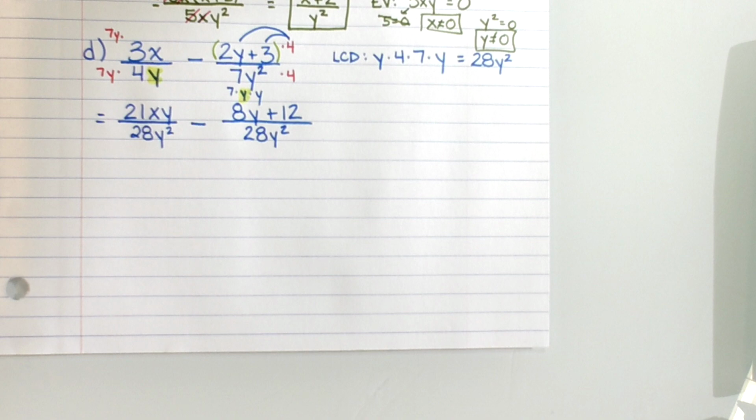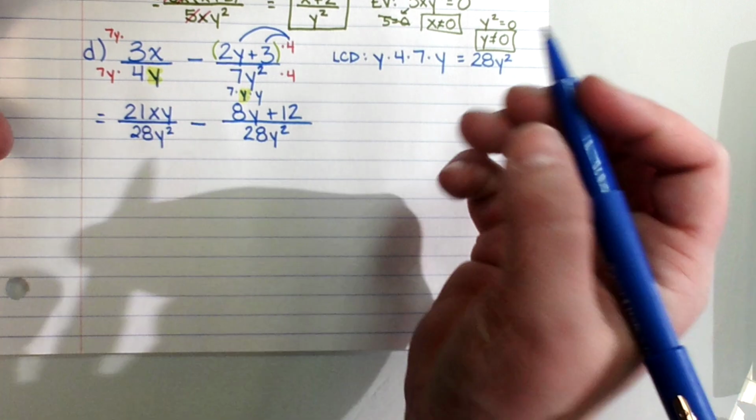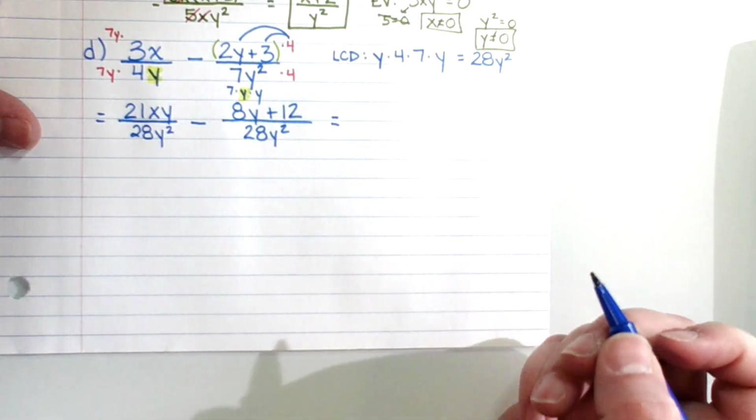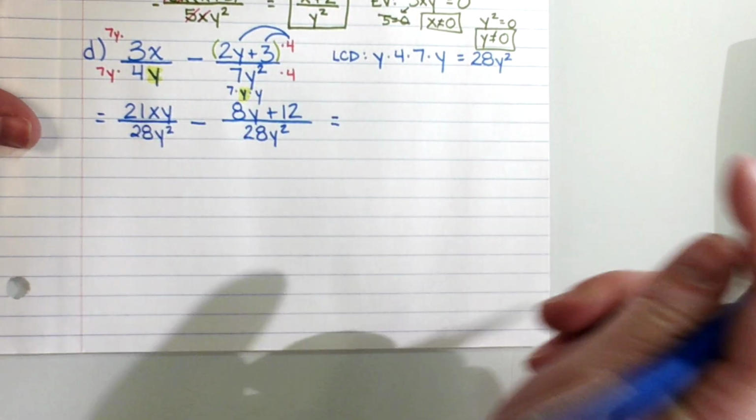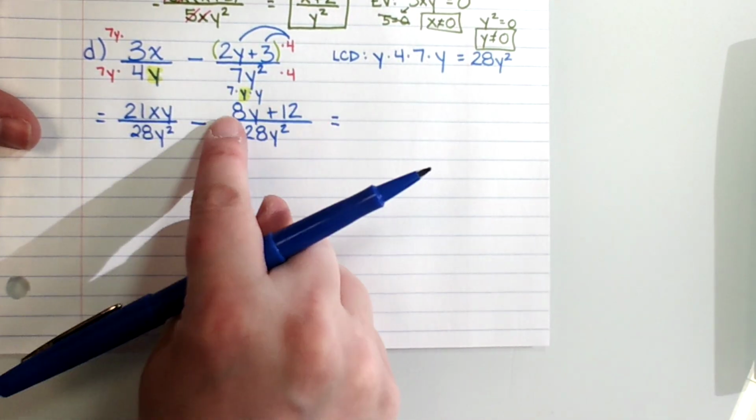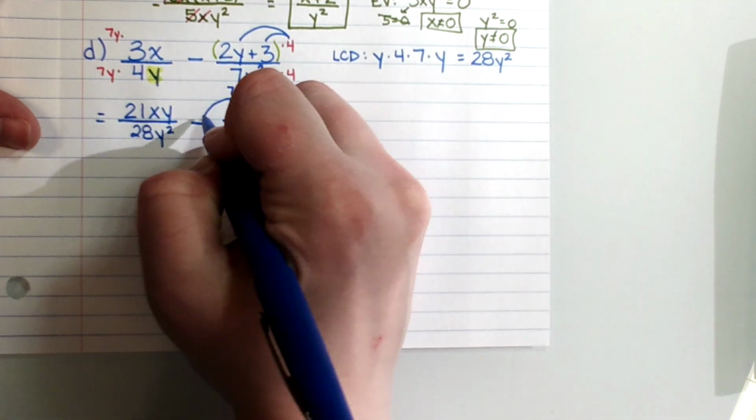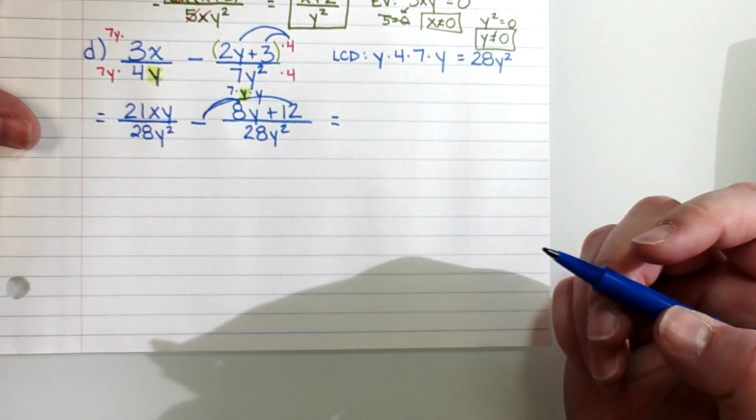Sweet, my denominators are the same. Now I can do the subtraction. When you are subtracting, if there is pluses or minuses in that second term, you must distribute the negative as you subtract.